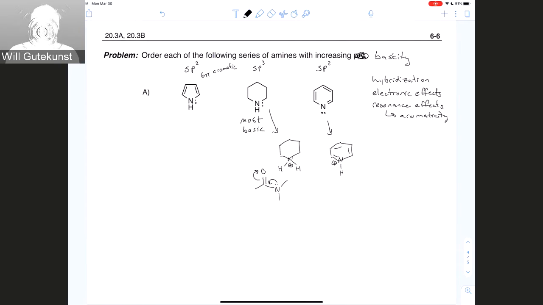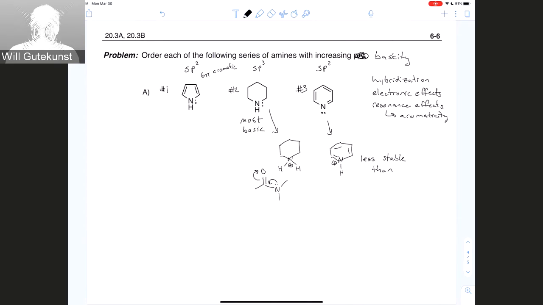And does the third structure want the extra proton less or more than the second? So this will be less stable than, let's give these numbers. Call this number 1. Let's call this number 2. Call this number 3.